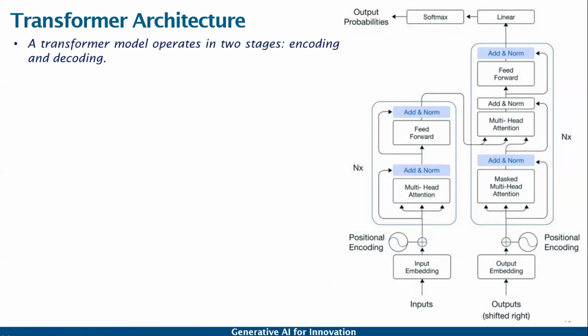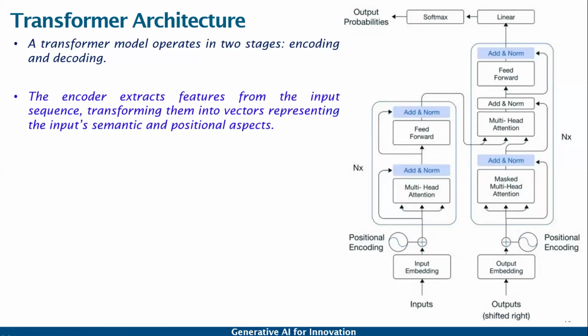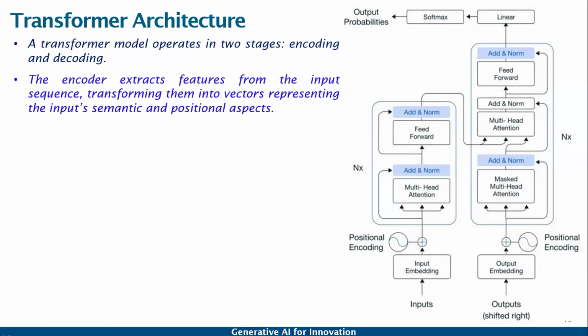This works exactly with respect to the words you get by using ChatGPT, and it works through this model. The transformer model operates in two stages, encoding and decoding, as I told you. The encoder extracts features from the input sequence through embedding and transforms them into vectors.